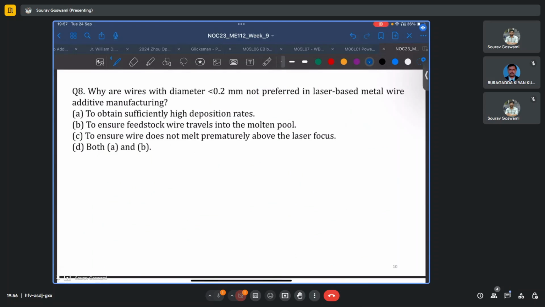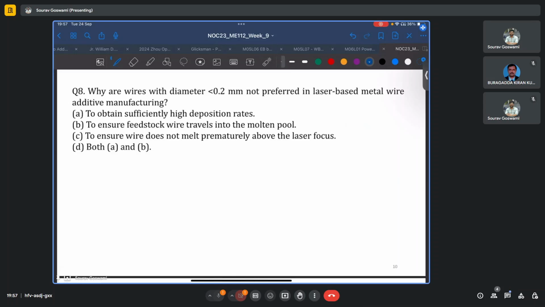The next question is asking us, why are wires with diameter less than 0.2 mm not preferred in laser-based metal wire additive manufacturing? Is it to obtain sufficiently high deposition rates? We know that the deposition rate is related to the volume of wire coming into the melt pool and melting there.